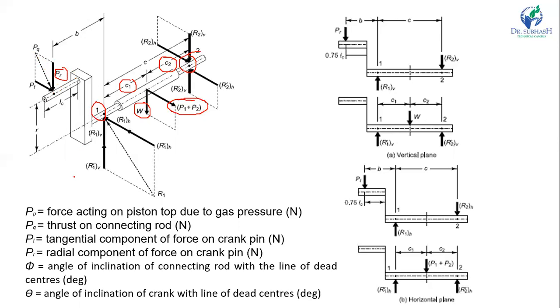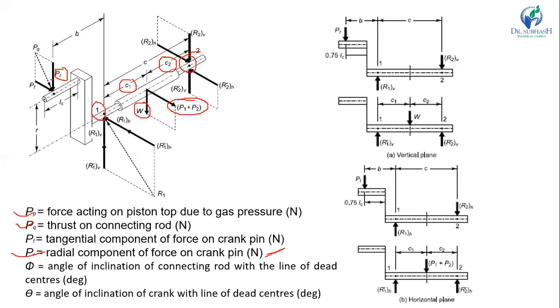PR is the radial component of the force on the crank pin. PP is the force acting on the piston top due to the gas pressure, and PQ is the thrust on the connecting rod. So there are two components of this PQ.